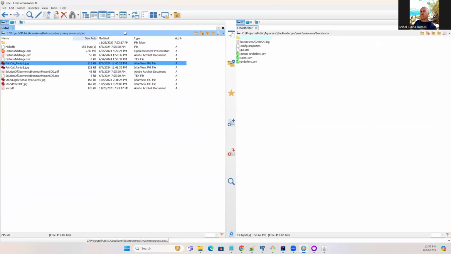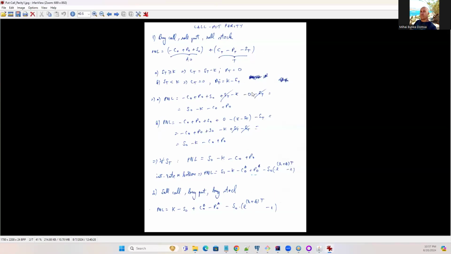I have these documents in resources doc and a scanned document. So when you do a virtual buy of the stock, which you do by buying a call, selling a put, this is a virtual position which has a delta of 1, similar to buying a stock. And then you make it delta neutral by selling the stock.